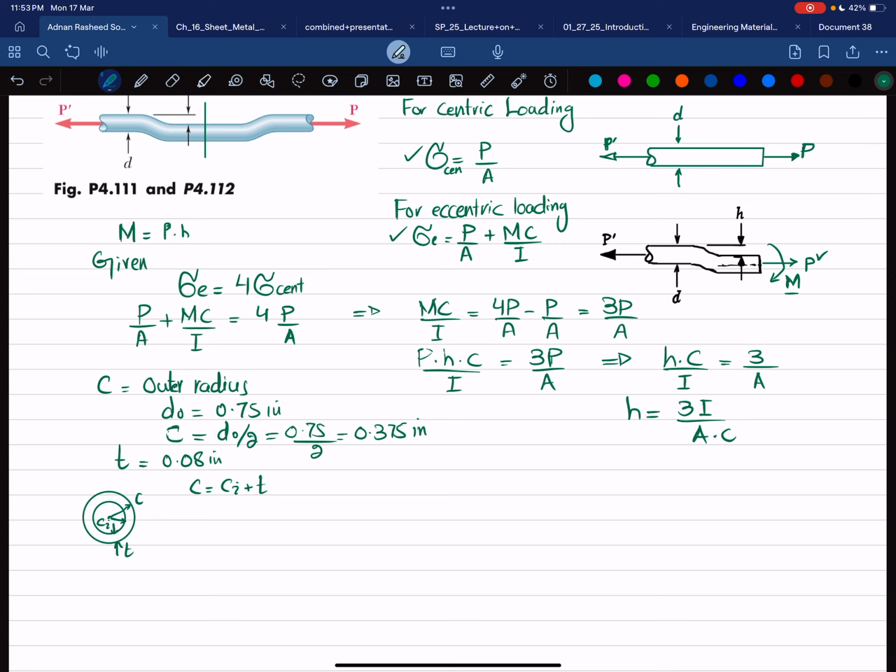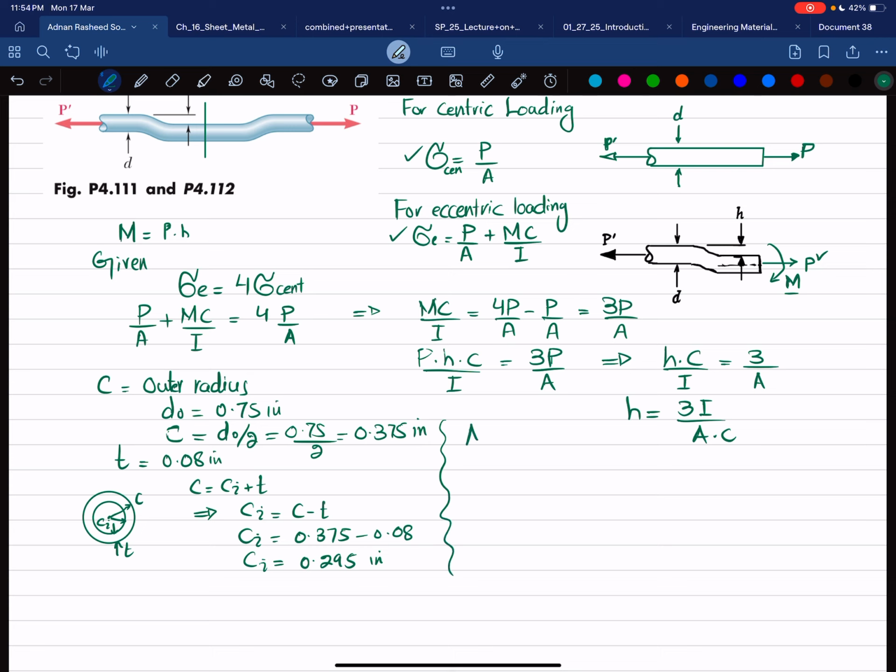We need ci, so ci will be equal to C minus t. So 0.375 is the outer radius minus thickness 0.08, and that will give you C inner, which comes out to be 0.295 inch.